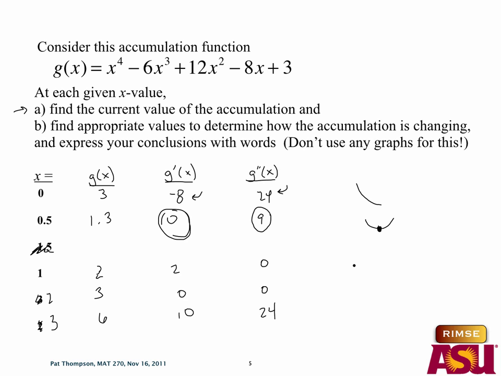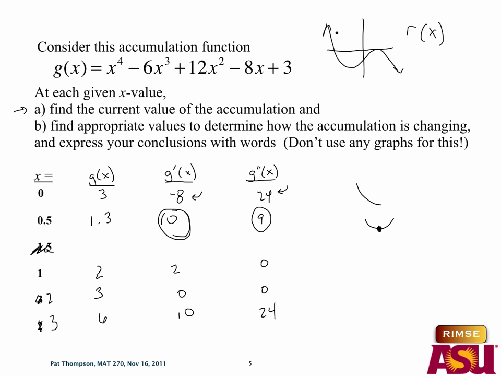If the rate of change is above the x-axis, what does that tell you about the original function? Let's say this is a rate of change function. Over here, the rate of change function is above the x-axis, right? What does that tell me about the original function?